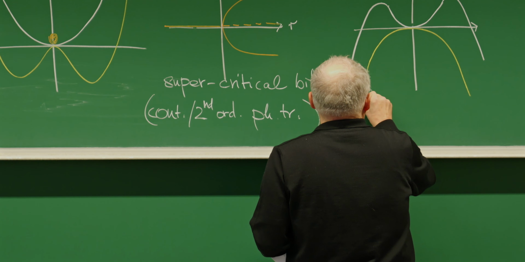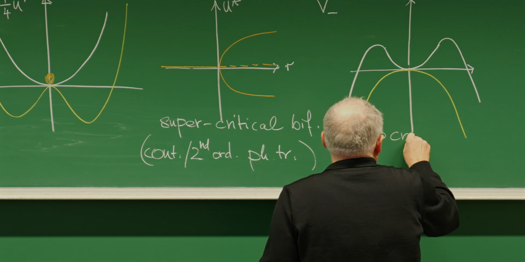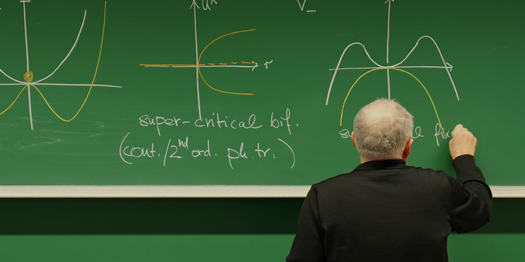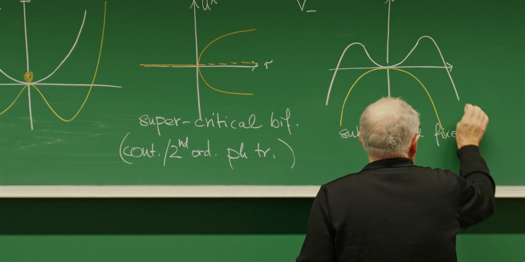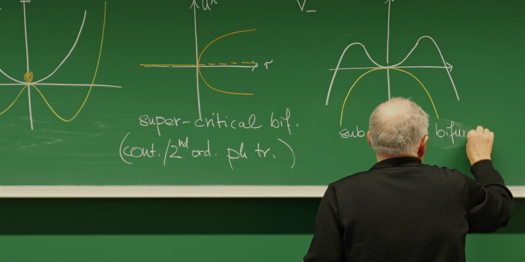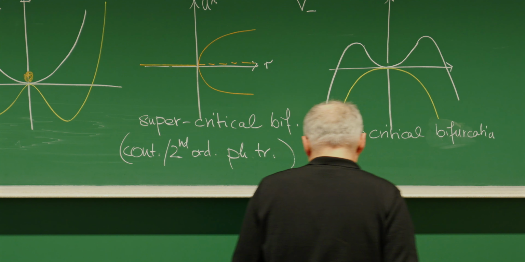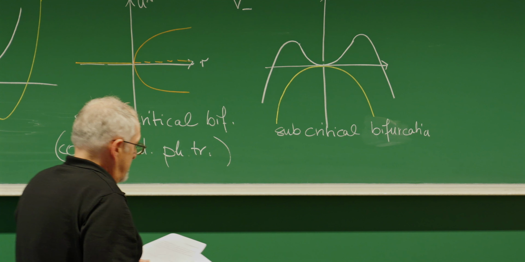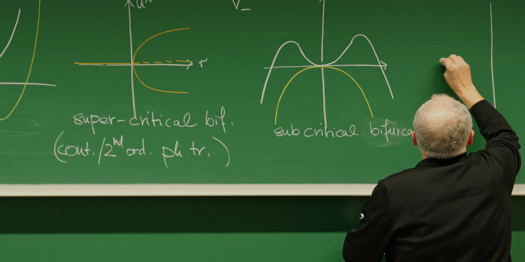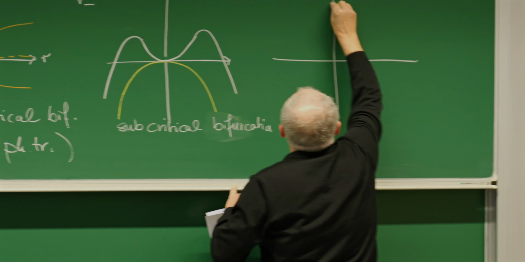So this is called a subcritical bifurcation, sorry, not fixed point, bifurcation. And the corresponding bifurcation diagram looks different.